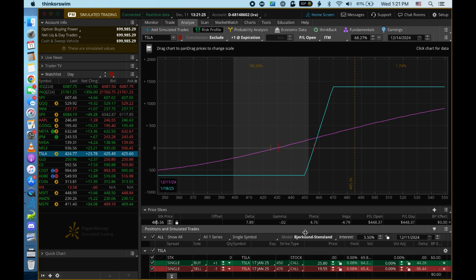This is because the positive theta on the short call is larger than the negative theta of the long call. So I just want to point out that as the stock price moves upward past a certain point, you are going to begin making money every day from time decay. So that is the bull call spread. Now let's take a look at the bear call spread.